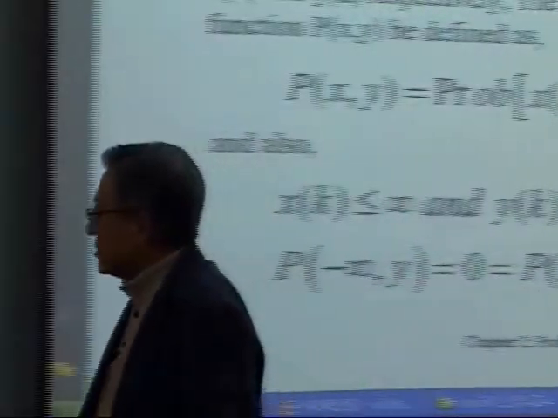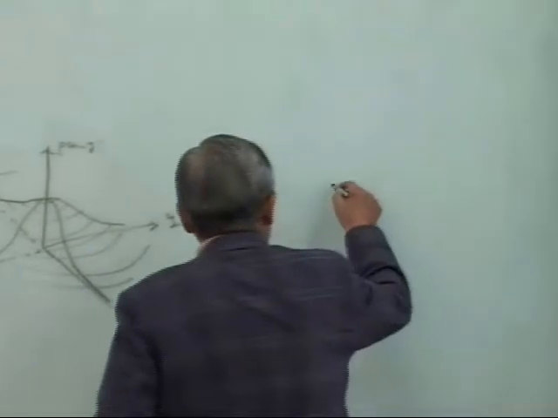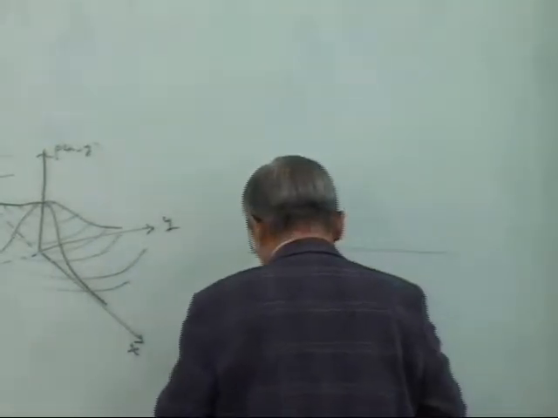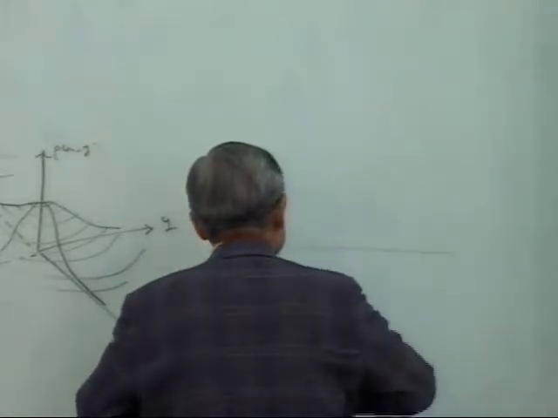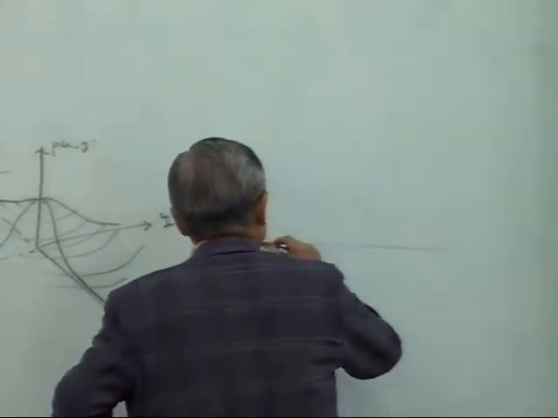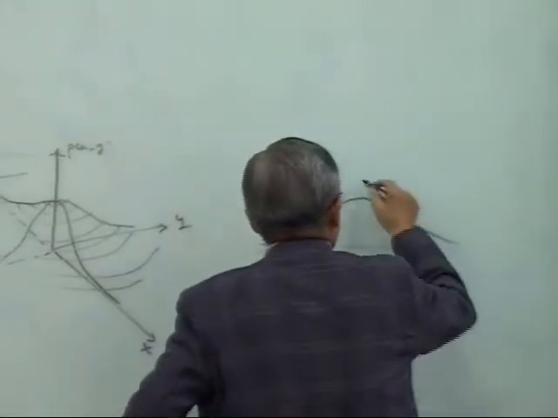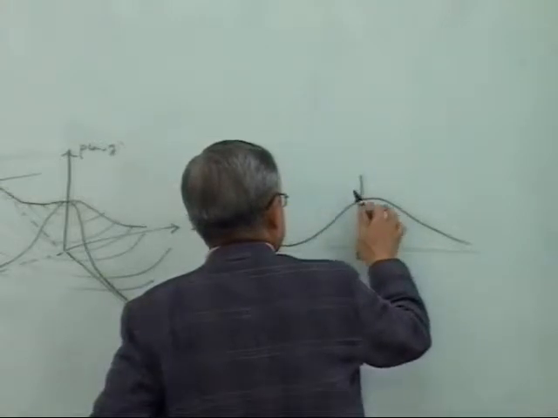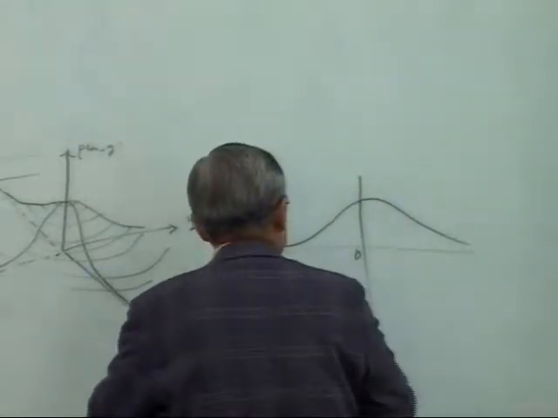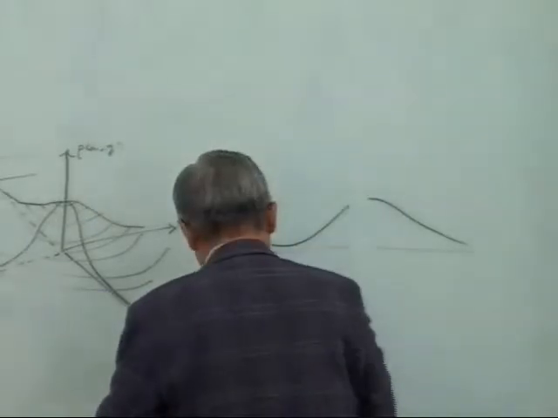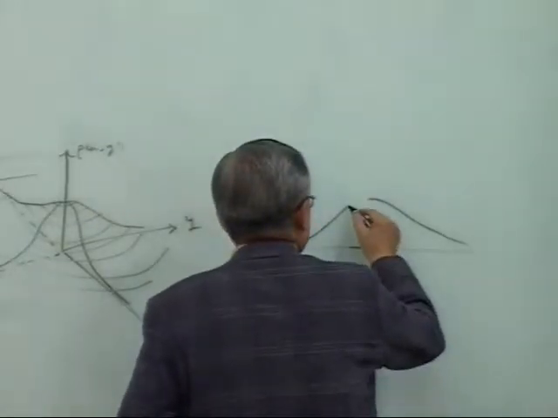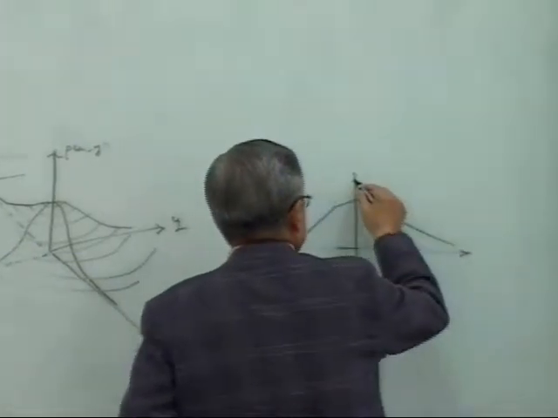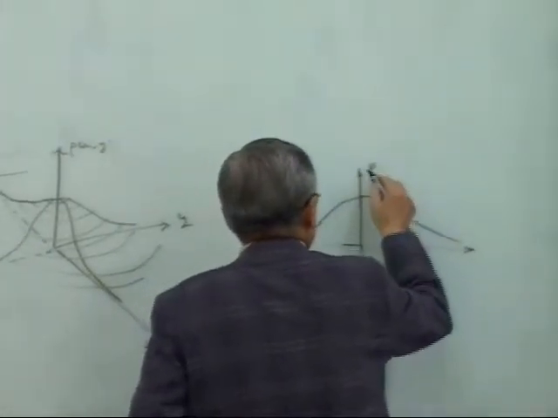So if you go into the 2D, this is 0. This is x, one random variable.